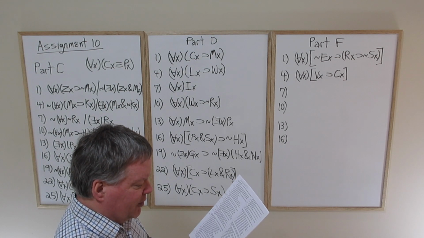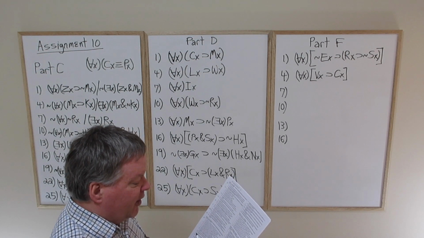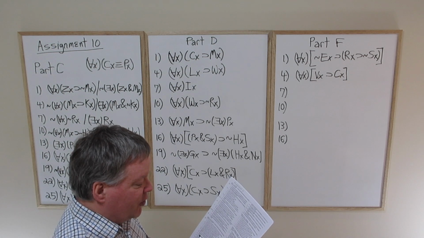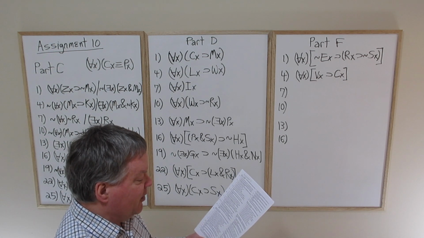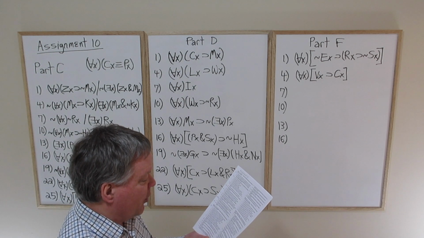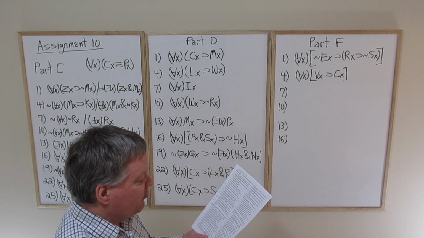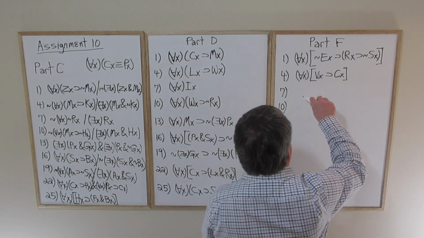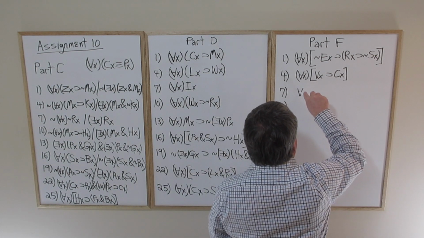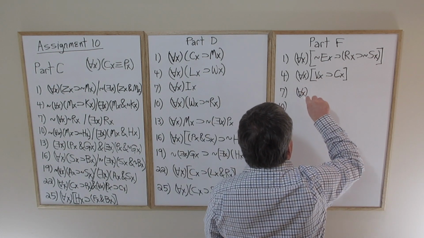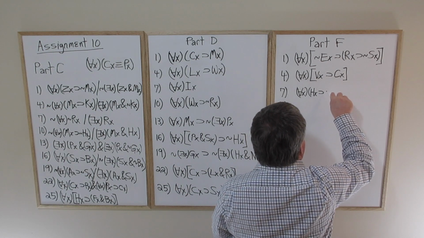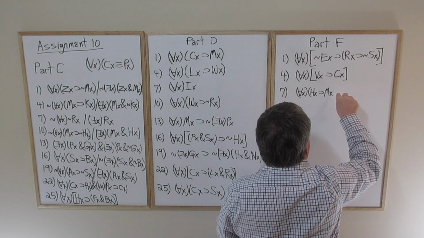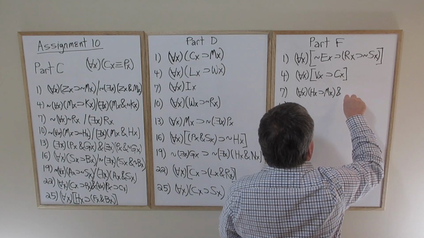They include in the brackets HX, X is human, MX, X is mortal, and then lowercase s is going to stand for Socrates. If all humans are mortal, all X are such that if X is a human, then X is mortal.